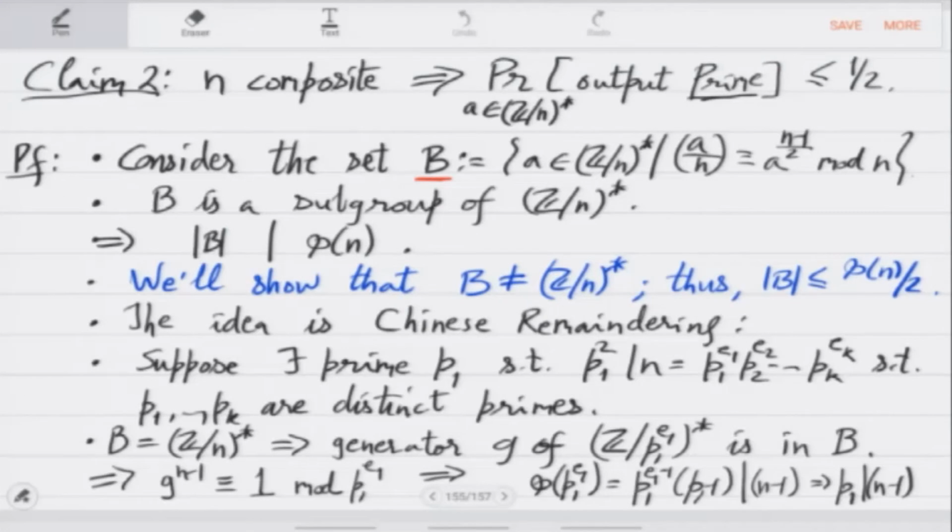So we started with the assumption that B is equal to Zn star. That is what we assumed here.